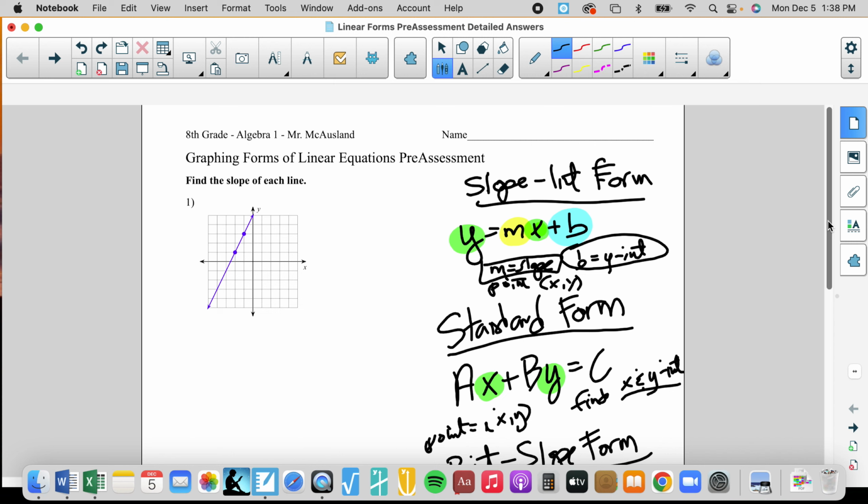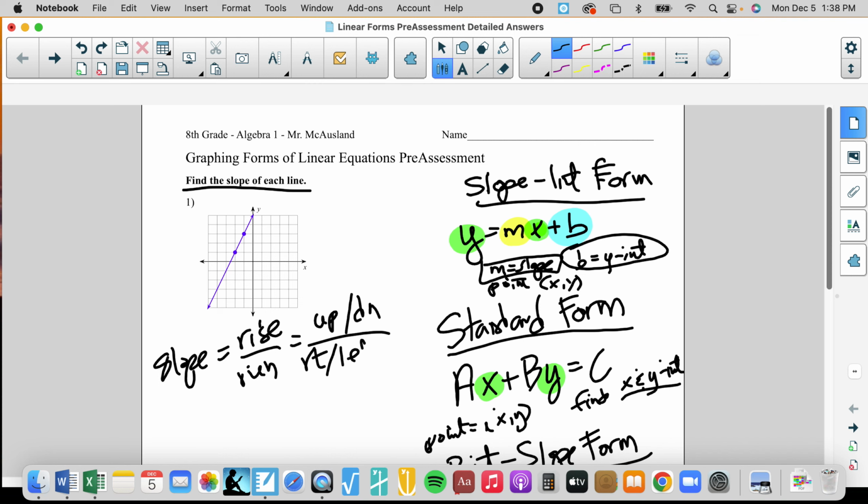So the first question says, find the slope of each line. When they give you the 2 points, you're going to use slope equals rise over run. When we rise, we either go up or down, and when we run, we go right or left. Up is positive, down is negative, right is positive, left is negative.